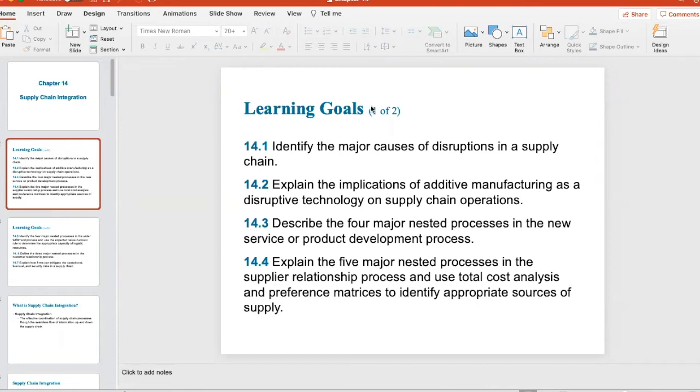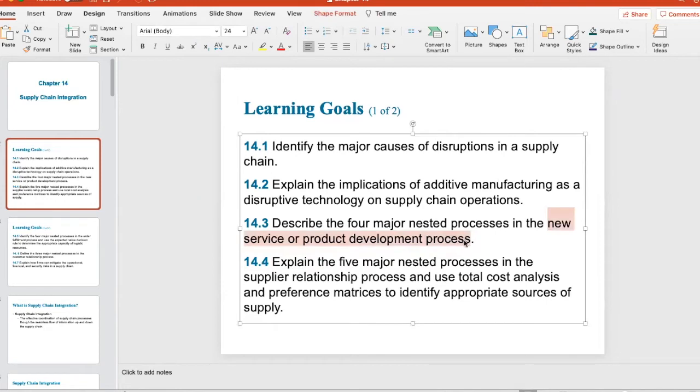Then we will jump into the supply chain integration process, which in general includes 4 different nested processes. We will start with the new service or product development process and introduce some important methods related to that. Then we will move to the second process, which is the supplier relationship process.